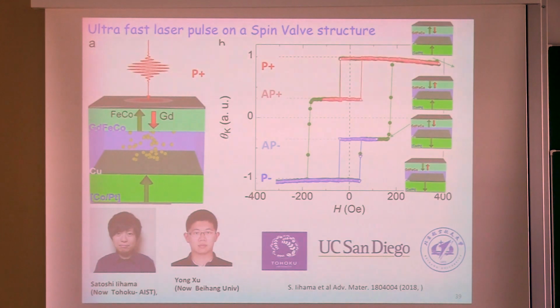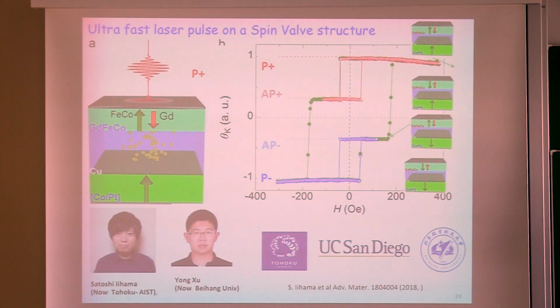So in that case, this is getting much closer to spintronics, because we looked at a spin valve. So we have a spin valve, gadolinium and cobalt on top, copper in the middle, cobalt platinum on the bottom.